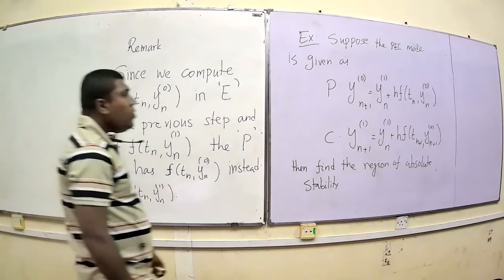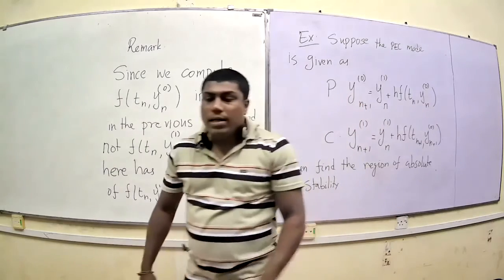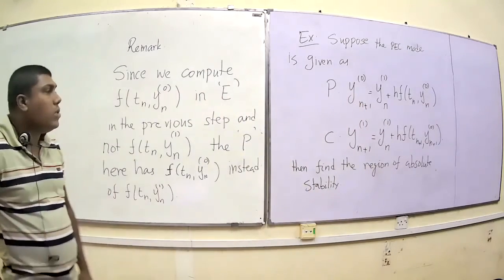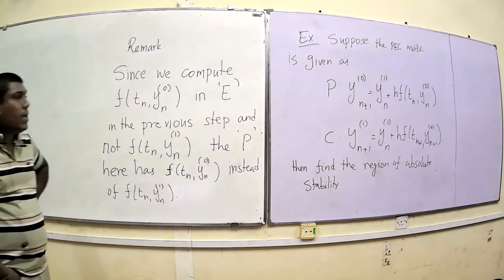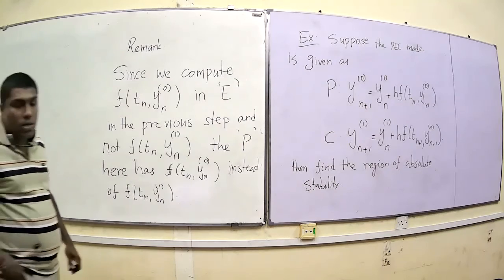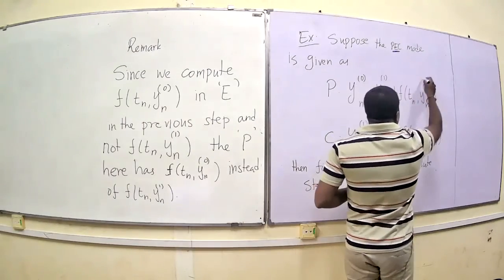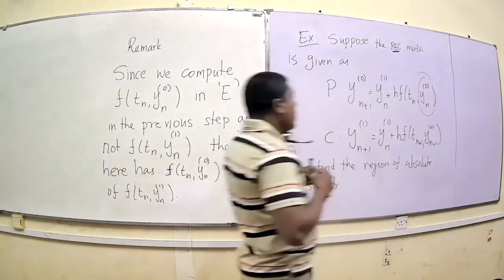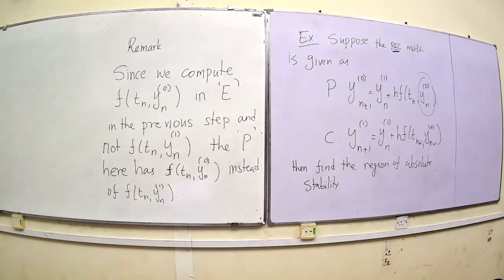So you don't have to compute Y1 here for the prediction method. You can still use the previously computed value. That is why there is a slight difference here from the predictor corrector method. Because of this evaluation and because this term is different, that is very important for you.